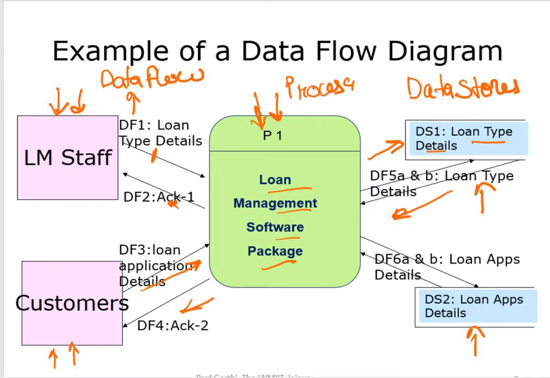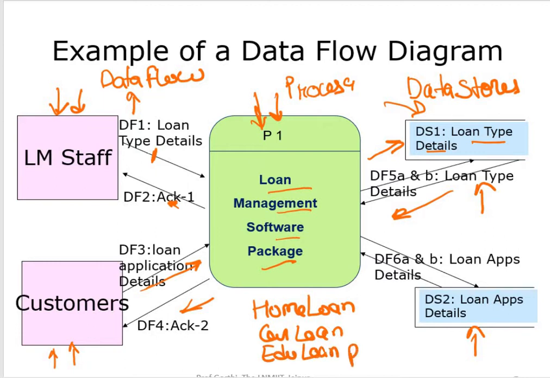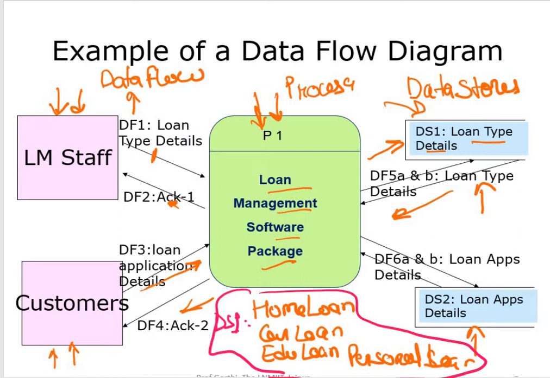So basically on this end I'm storing the details about all sorts of, let's say, home loan, car loan, educational loan, and personal loan. All these things will be stored in my data store 1.